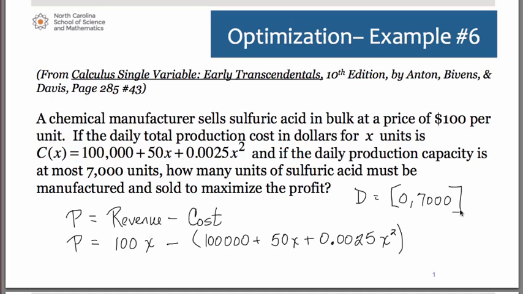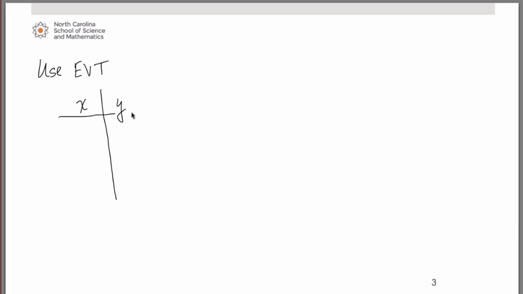Since we do have a closed interval for our domain, we can very easily use the extreme value theorem to determine the location of our maximum. We're going to set up a table of values. We have our domain values in there, 0 and 7,000. And we also want to include our critical number of 10,000 that we had. Remember that we substitute into our profit equation.